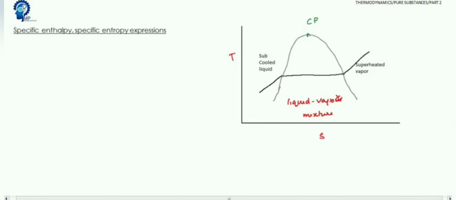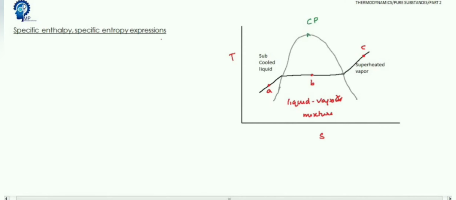Now I am considering three points A, B and C. I am going to get the expressions for enthalpy and entropy at individual points A, B and C. These three points are in the three regions, that is subcooled region, liquid vapor mixture region and superheated vapor region.